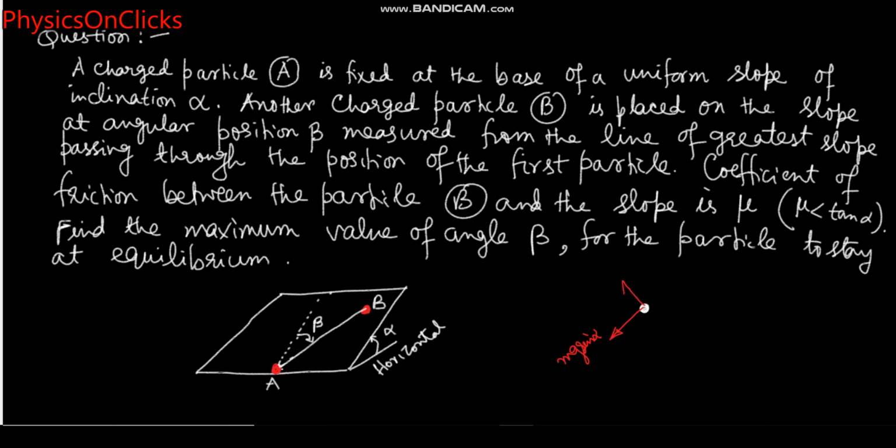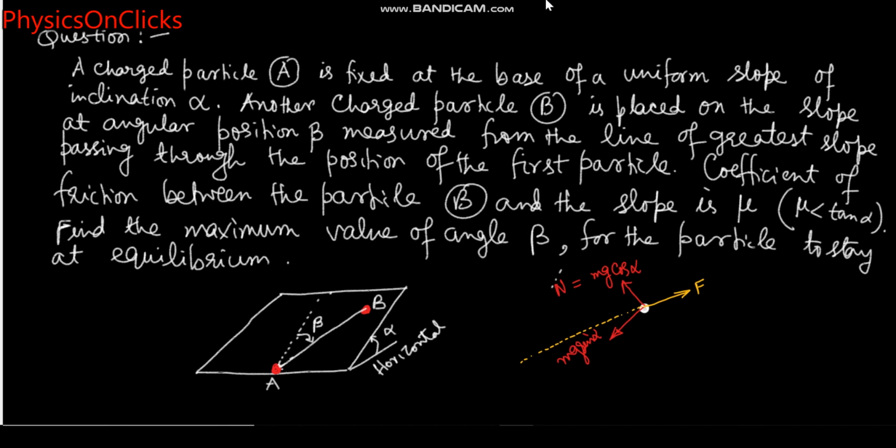The normal reaction is mg cos alpha. And the third force, which you can very easily identify, is the force of repulsion that these two charges exert on one another. This is F.